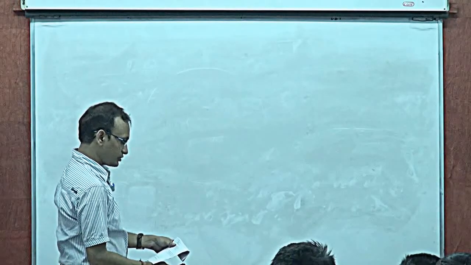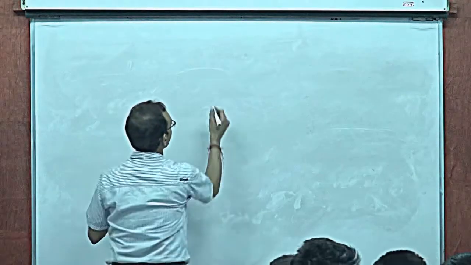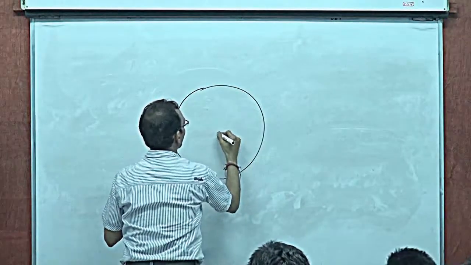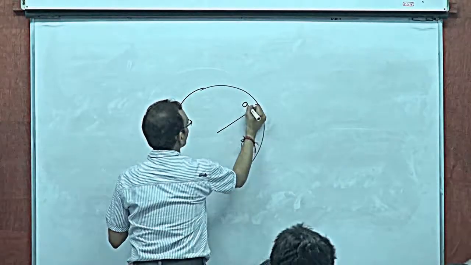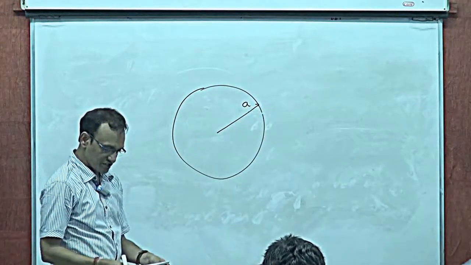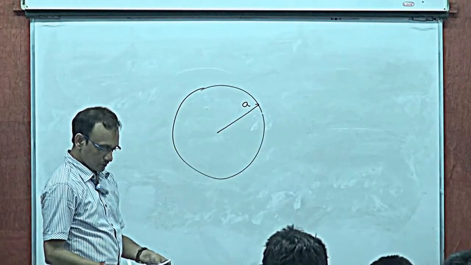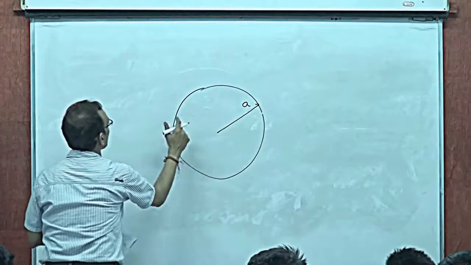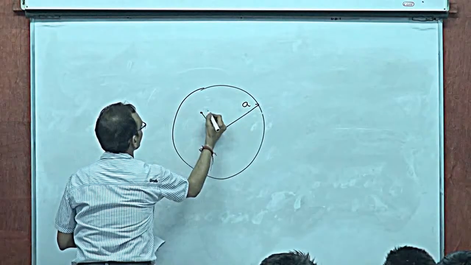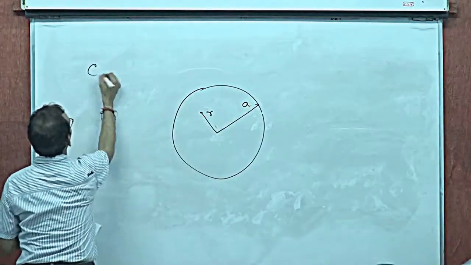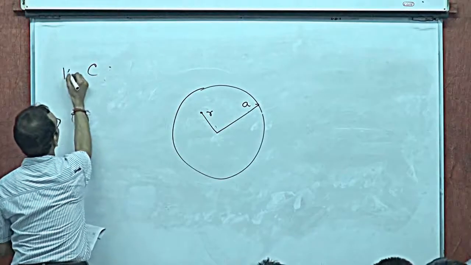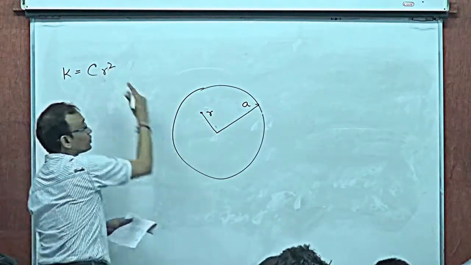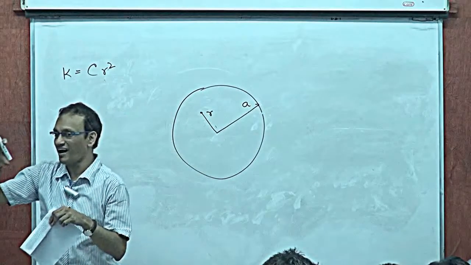A solid round cylinder of radius A is made of material whose thermal conductivity depends on the distance r as C into r squared, where C is a constant. So, thermal conductivity varies with r.